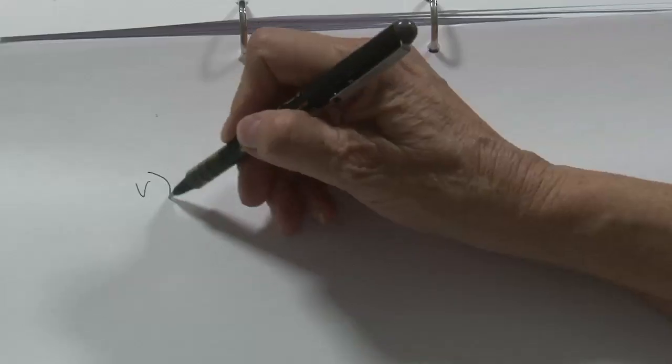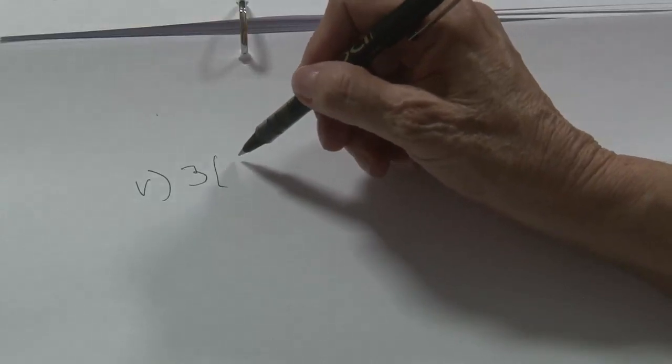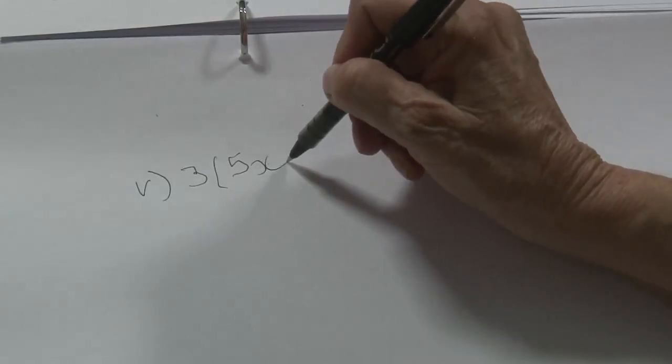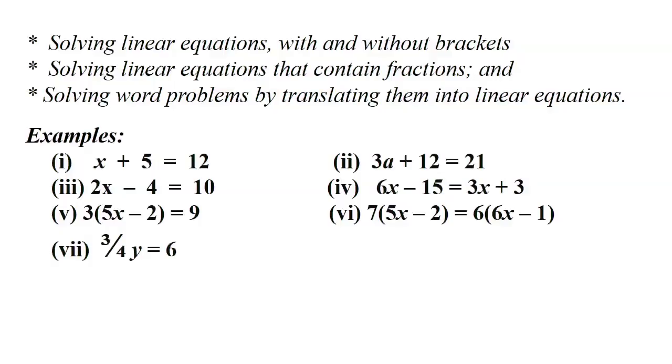Number 5. Number 5 is looking like this. It has brackets, the first one with brackets. The first step always when there are brackets is to remove the brackets. Now, how do we remove the brackets? In Afrikaans, I always call it the swinkie somme.